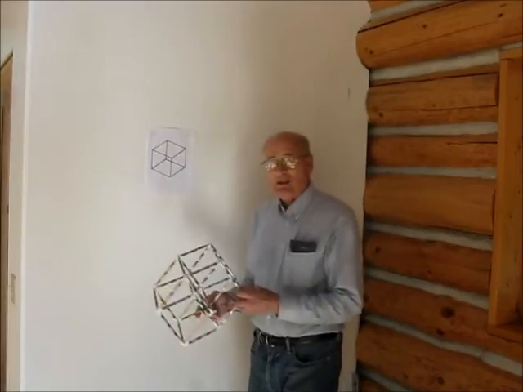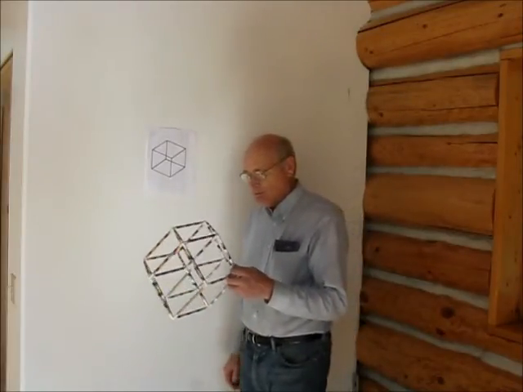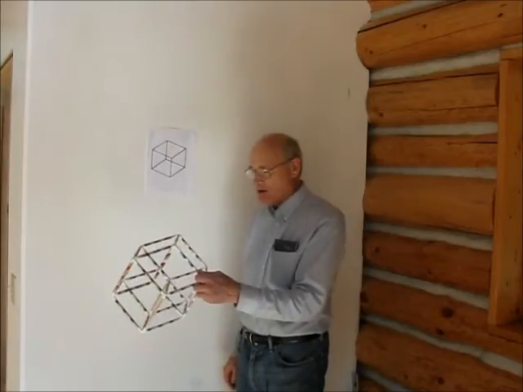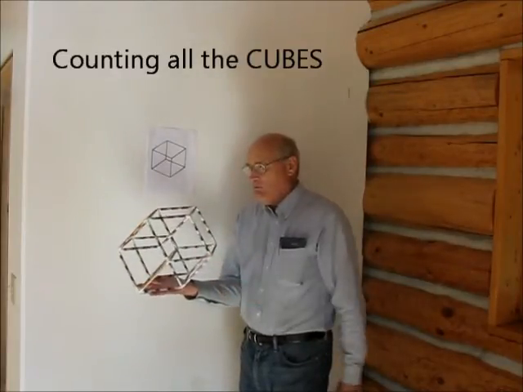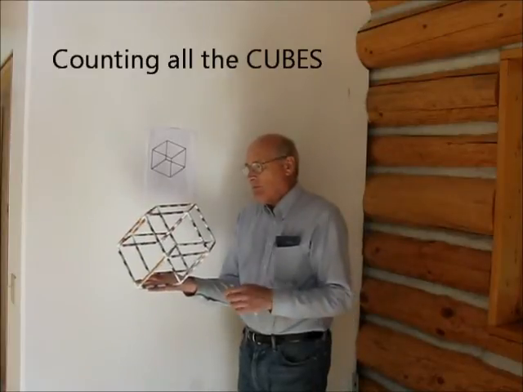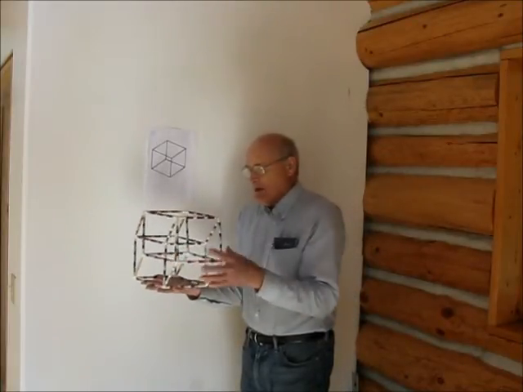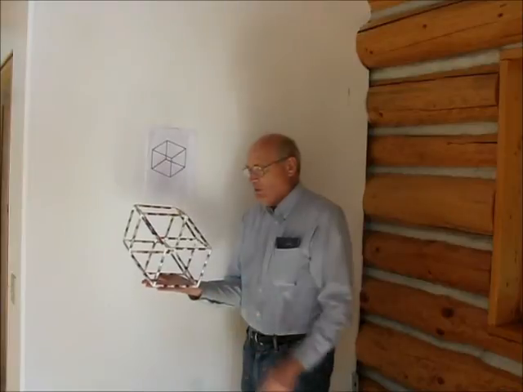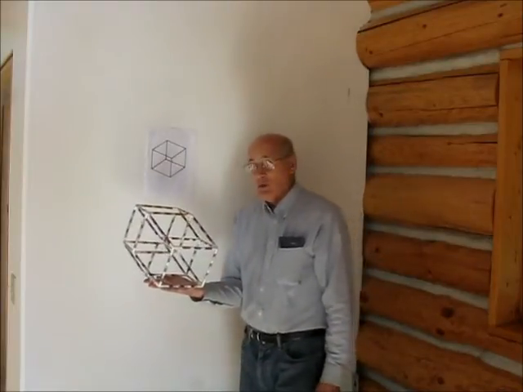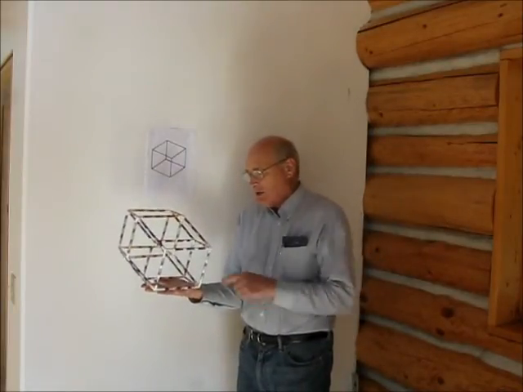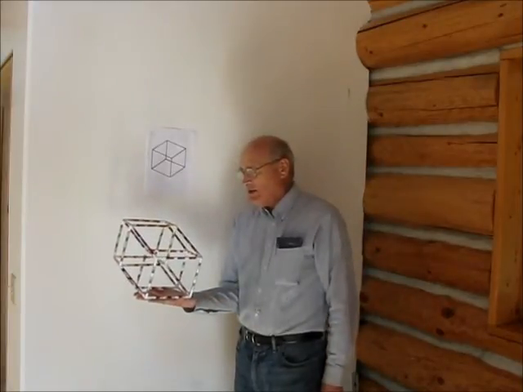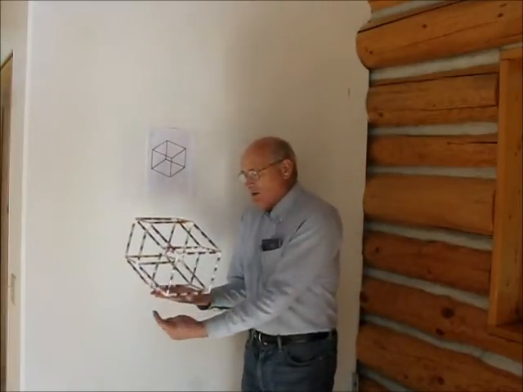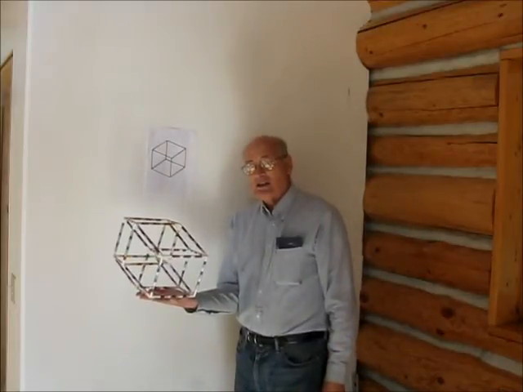Now, the next method, method number 2, for looking at this and counting all the squares, is imagine that it's just sitting on a table. It doesn't matter what face is sitting on the table, it works with any of them. But let's suppose it's sitting on a table like this. You have a square that's in contact with the table.